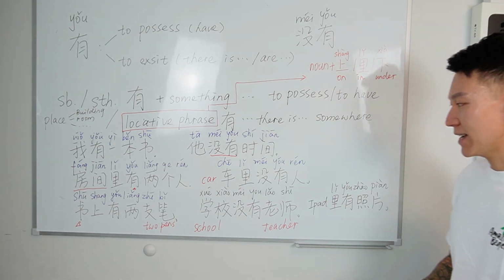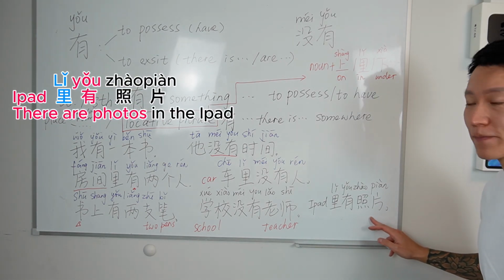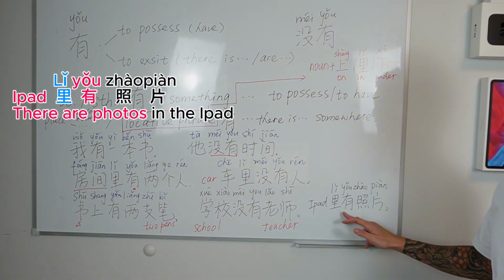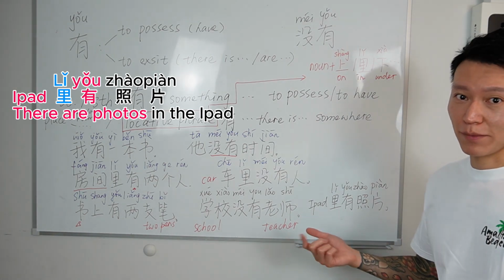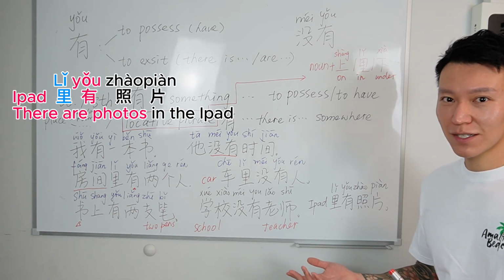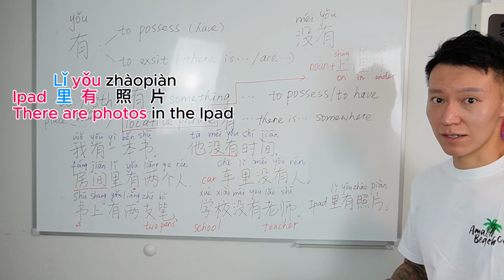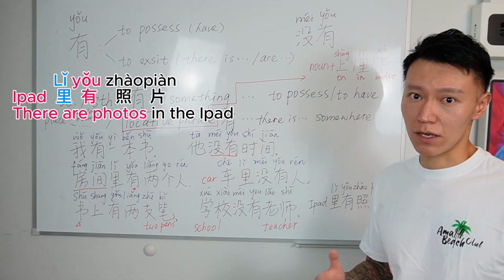Okay? The last sentence. iPad 里有照片。So we don't have to translate iPad. iPad is an iPad. Maybe there's a Chinese version, but I prefer to say it's an iPad. Okay, so iPad is a typical noun. It's not a place.